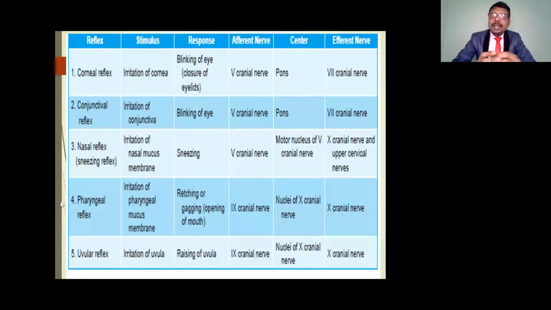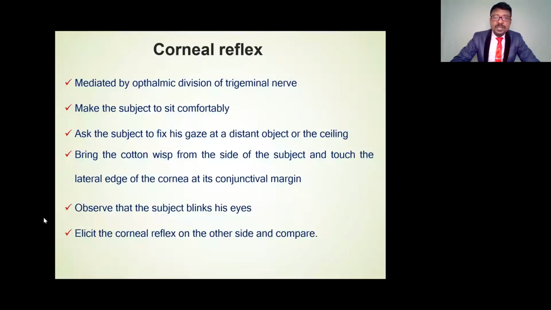If anybody has damage, injury or any tumors around these cranial nerves, there is a chance of losing these reflexes. They may also show abnormalities, either hyper or hypo reflexes. Hyper means the response to the stimulus will be more, and hyporeflexia means the response will be less. So that is about the superficial reflexes.